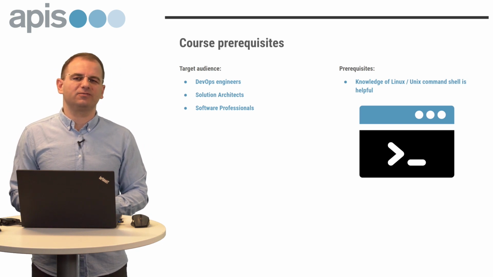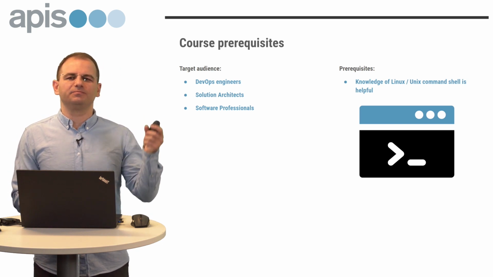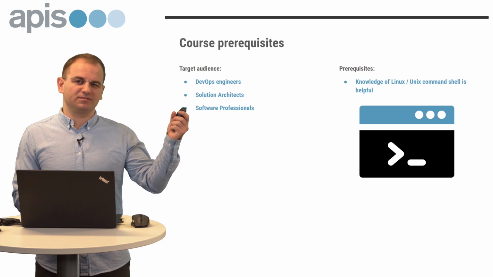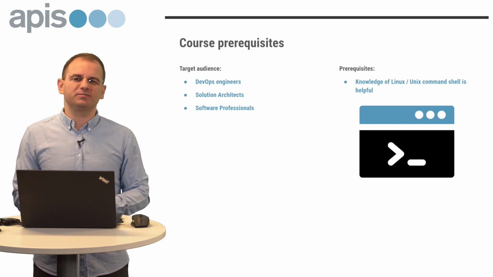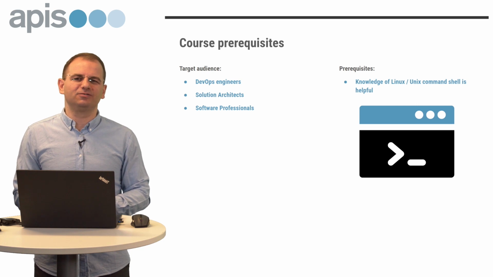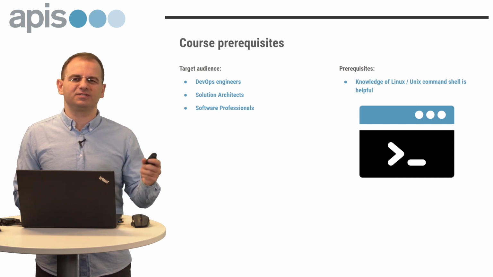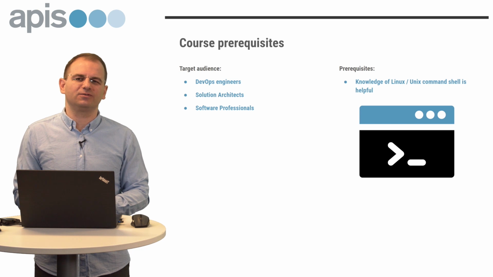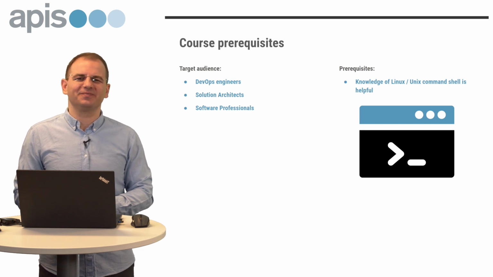The best target audiences for this course are actually DevOps engineers, solution architects, and any software professional. But you don't really need to be in any of these roles. Any enthusiast can follow along since, after all, this is a beginner's course.